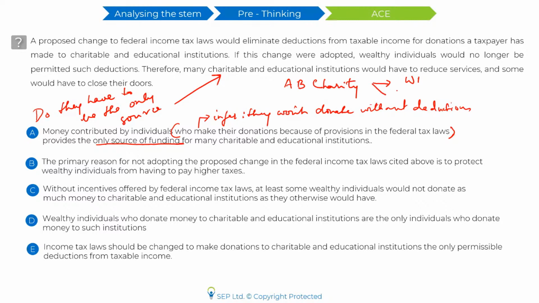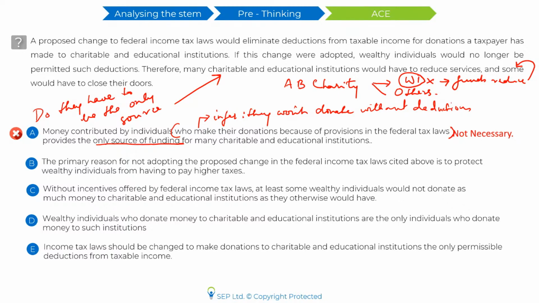They are also getting money from others. So if wealthy individuals stop donating, funds will still reduce, right? So they will still reduce the services even if wealthy individuals are not the only donors. So A is not a necessary condition, and therefore it may strengthen your conclusion, but it is not the assumption.